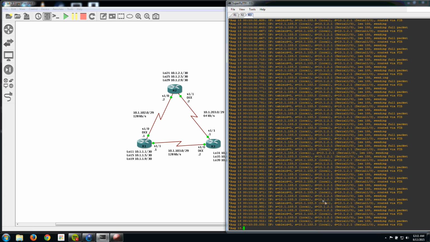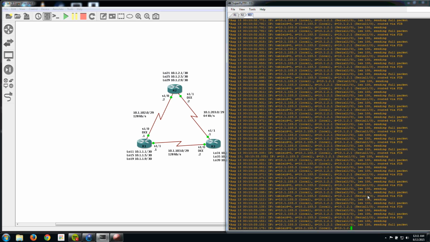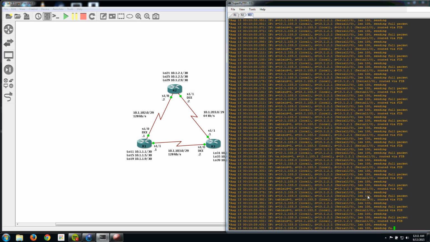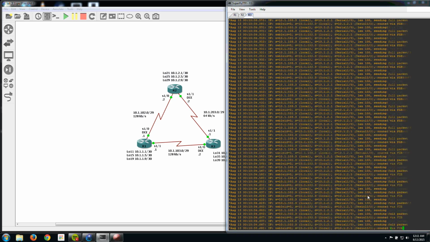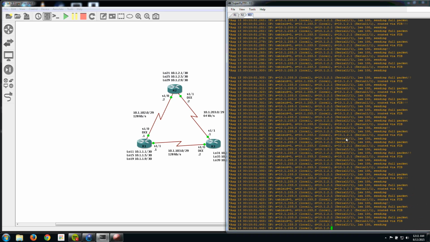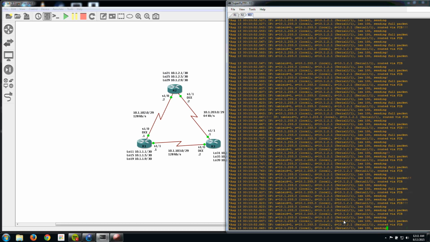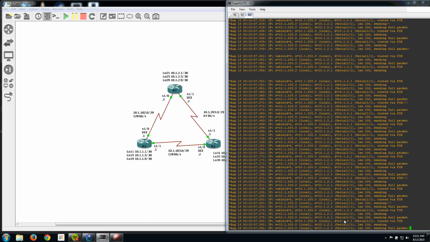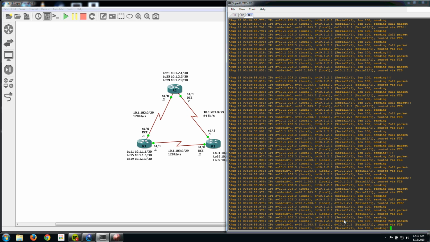Now we're going out 1/0. Now we're going out 1/1. Interesting that it did not correctly load balance out.